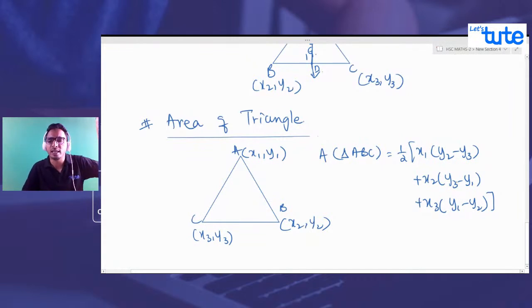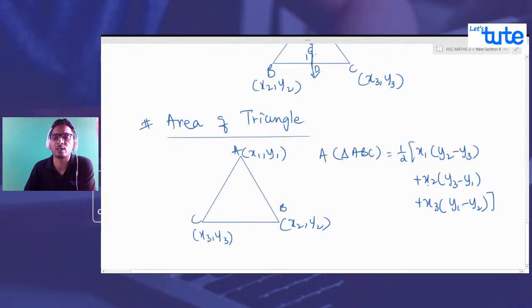We need to understand that whatever points we are considering, they are cyclic. If you see the positions, it is 1, 2, 3, then 2, 3, 1, then 3, 1, 2. So that's how the points are selected. Here is a trick to remember this: the x from the first position, y's are from the second and third position.